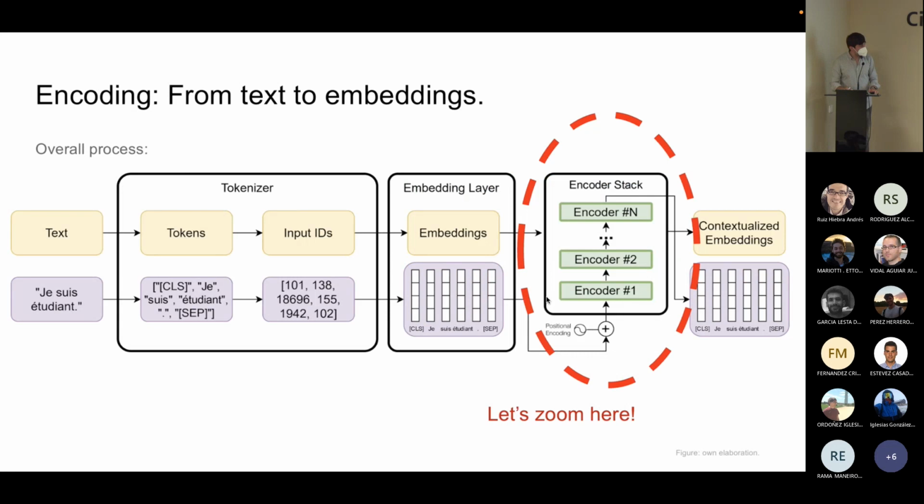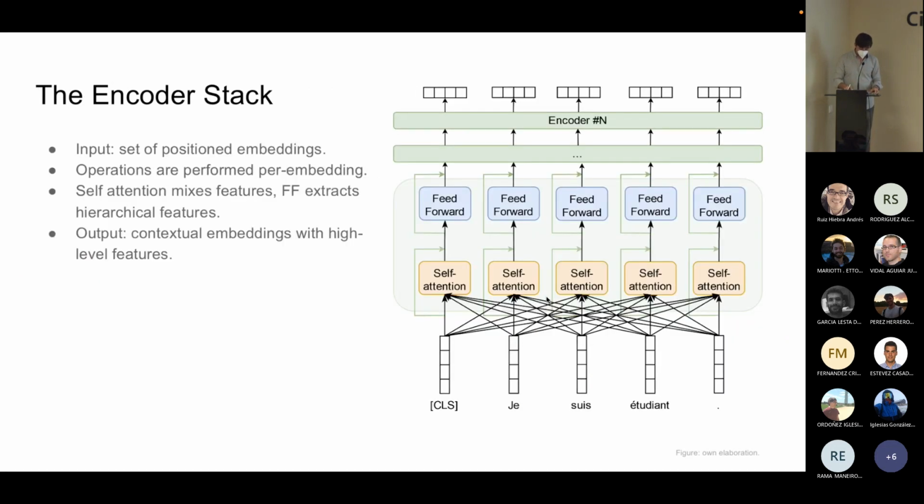So now let's look at the transformer itself. We must remember that now there are vectors. Each vector represents a word and has the positional encoding flowing through the system. And with these vectors, this is the overall architecture of the encoder.